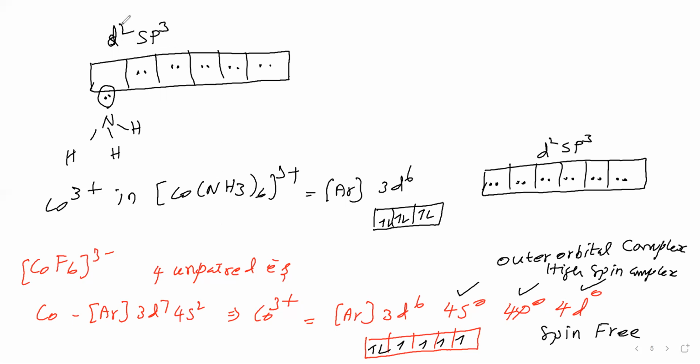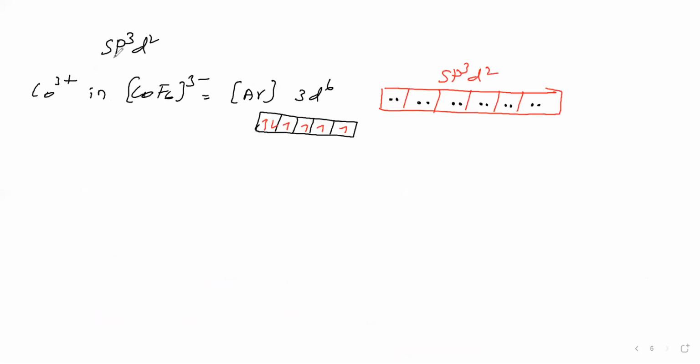So in d2sp3, the d is from the inner shell, and s and p are from the outer shell. Now in sp3d2, s, p, d are all from the outer shell. So for an octahedral complex, two types are possible: one is an outer orbital complex, another is an inner orbital complex.